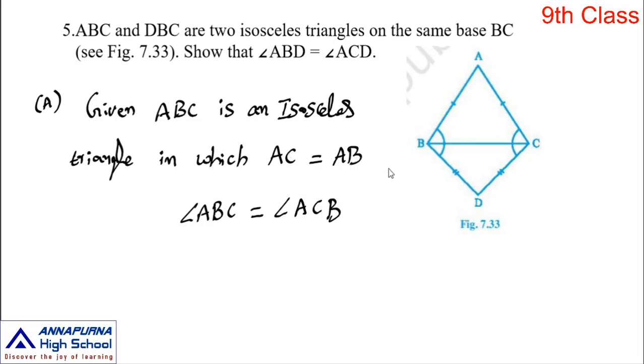AC is equal to AB, so angle ABC is equal to angle ACB by using theorem 7.2. Angles opposite to equal sides of an isosceles triangle are equal. These two angles are equal. This is equation 1.